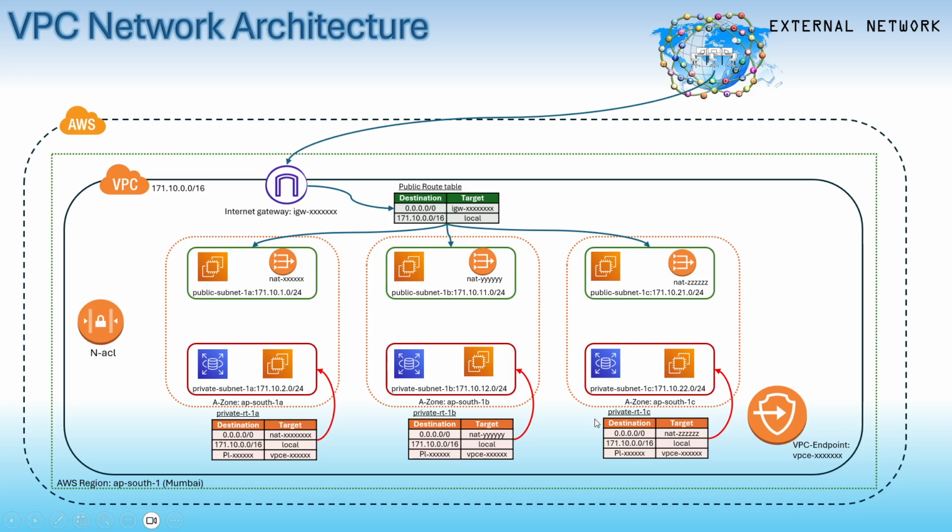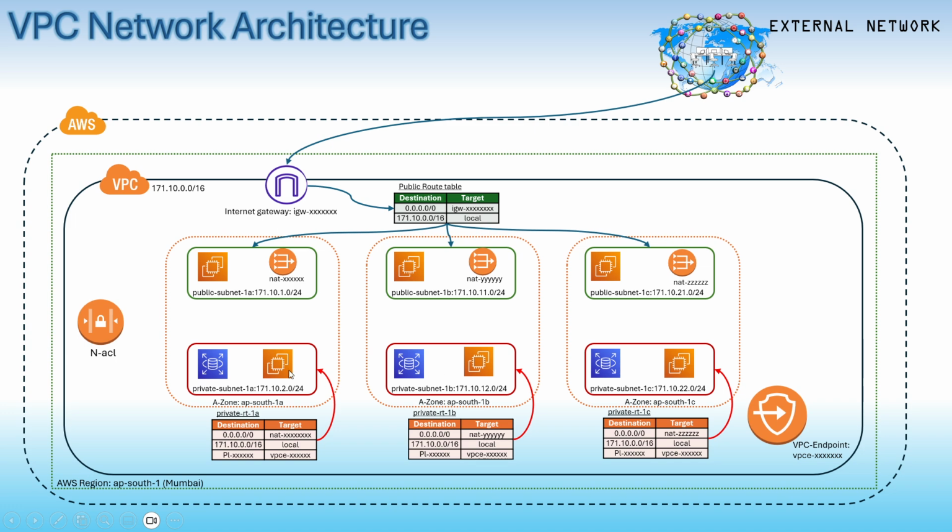Right now in the example I am showing here, each subnet has its own NAT gateway, but you can specify that if you want to create only one NAT gateway and associate it to all of the private subnets, it is possible and very much acceptable.